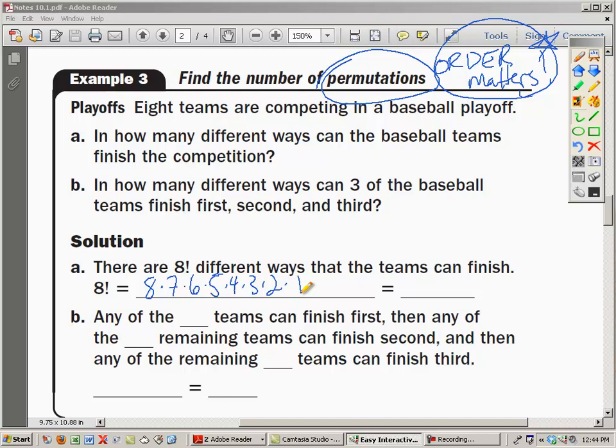When we say 8 factorial, all that means is the product of 8, 7, 6, 5, 4, 3, 2, and 1. Multiply all those numbers together, which is 40,320. Again, that assumes there are no ties and that each team has to be a different team, because you can't be in 2 different places at once.